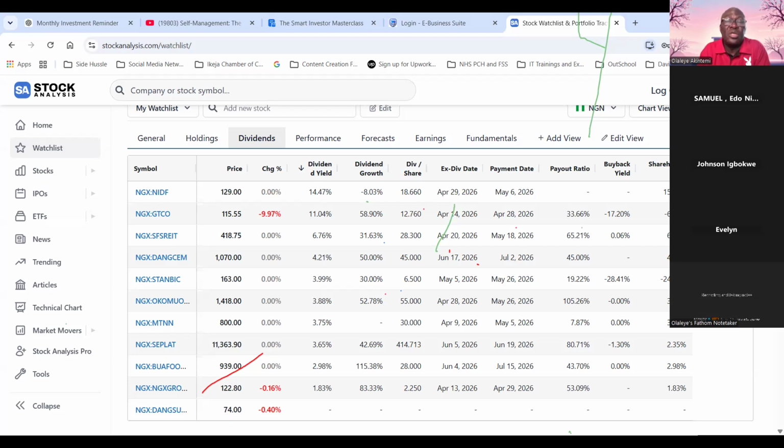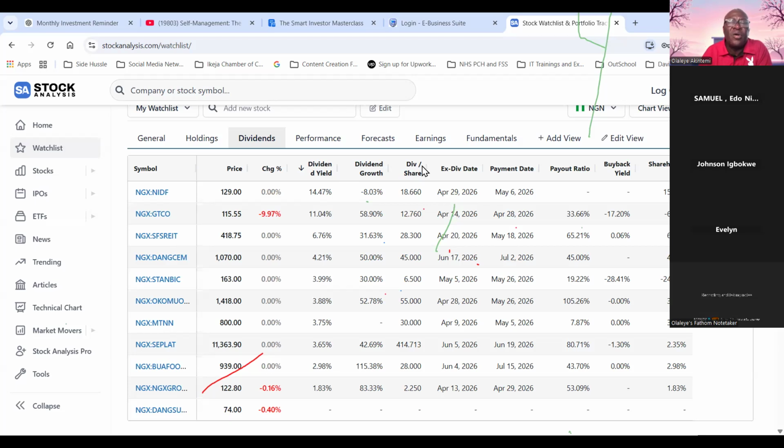So the bottom line, you want to buy stocks that pay good dividend yield. It's not about the dividend per share. The dividend per share is good, but the dividend per share does not even mean that stock is the best in your portfolio.